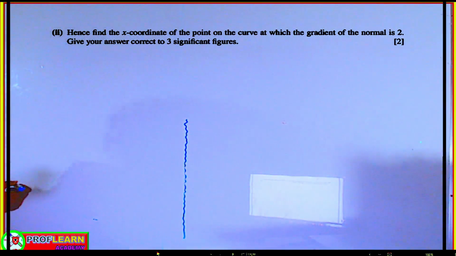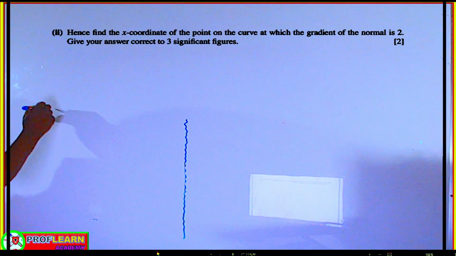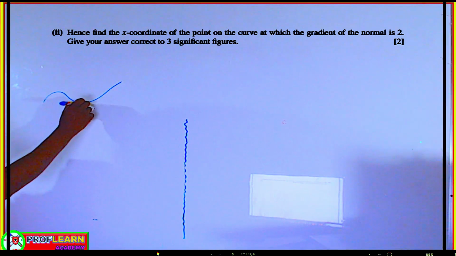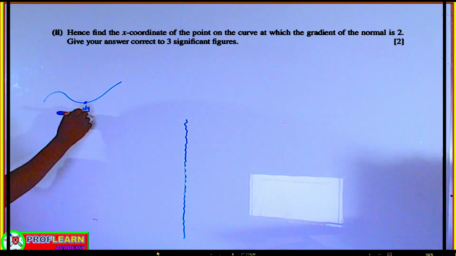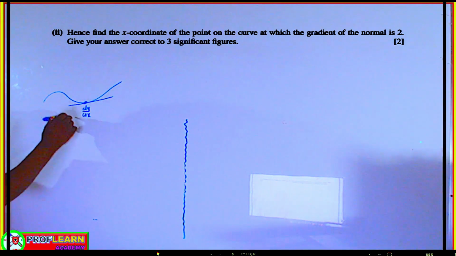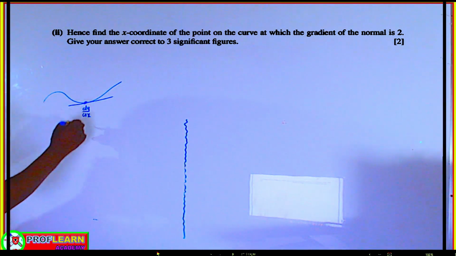So if we are told the equation of the normal, suppose you have a curve that is like that. So if we are talking at a point, at this point where we have dy dx, a tangent to this curve has the same gradient as the gradient of the curve.